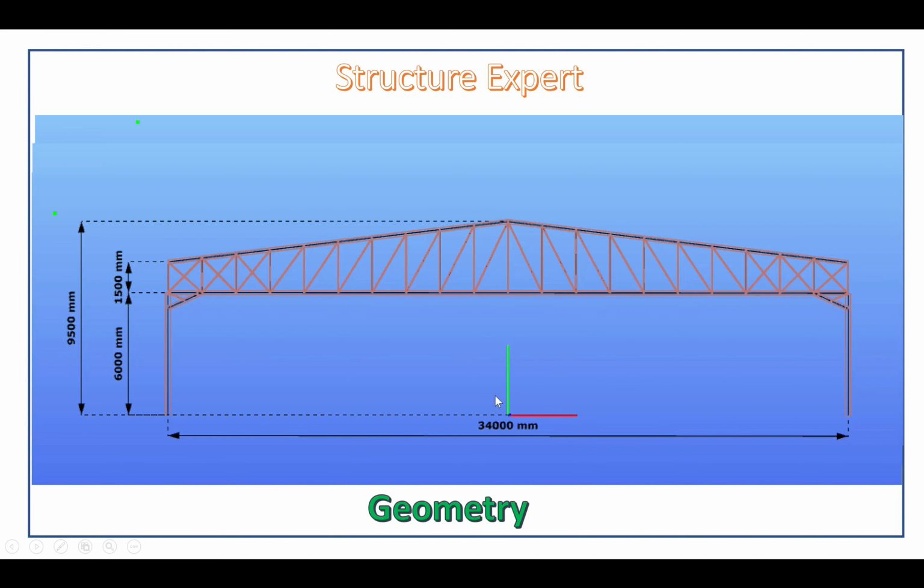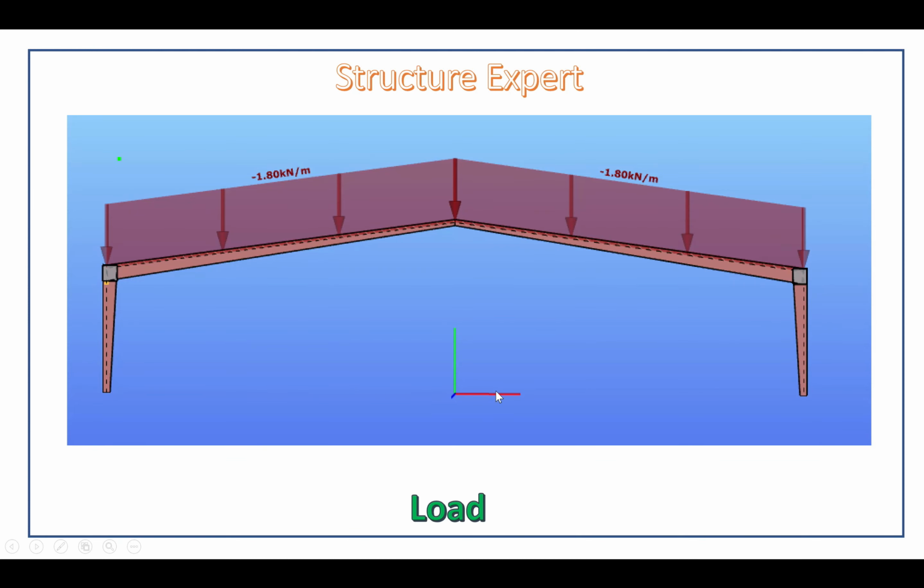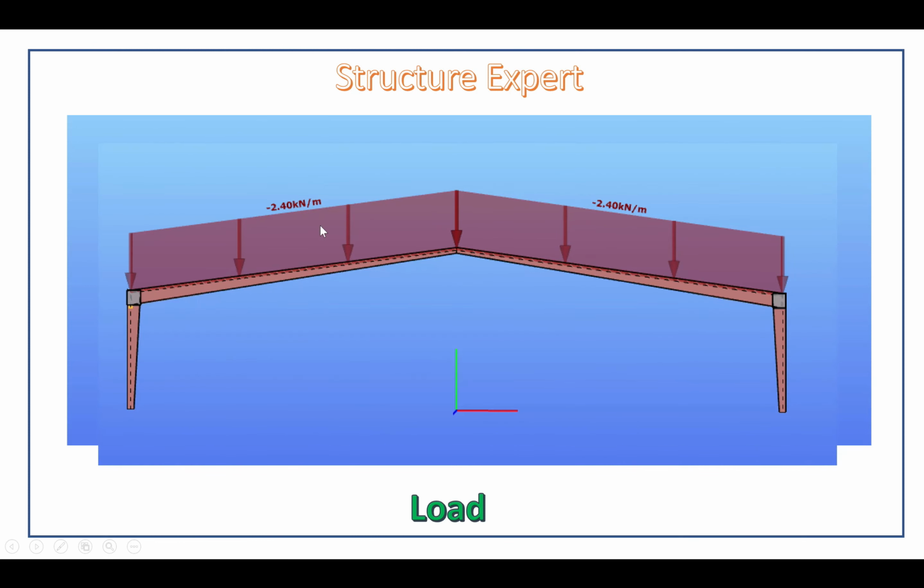Now we have to check the load. In this one we use the same load for the applied load. This one is for the dead load, 1.8 kilonewton per meter. And for the live load on roofs we use 2.4 kilonewton per meter.